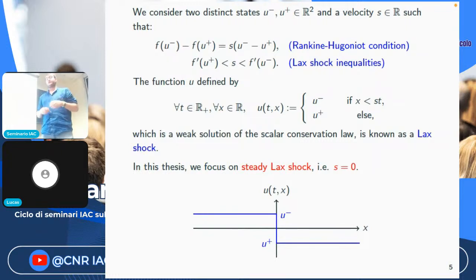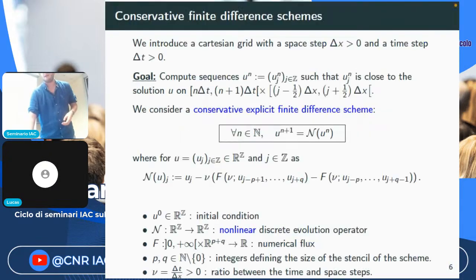Those shocks are weak shocks and they are known as Lax shocks. In this presentation, I will consider steady Lax shocks. So essentially, I will consider steady solutions that are a jump between two states, which will be weak solutions of our conservation law.